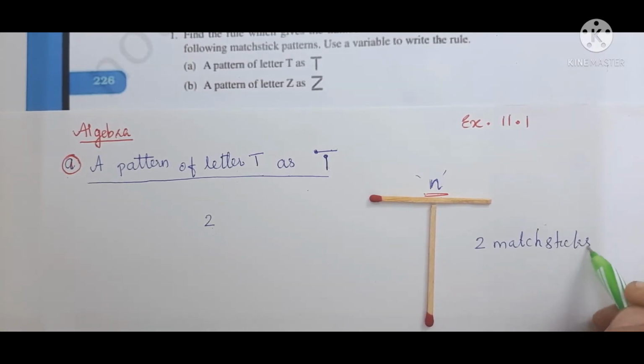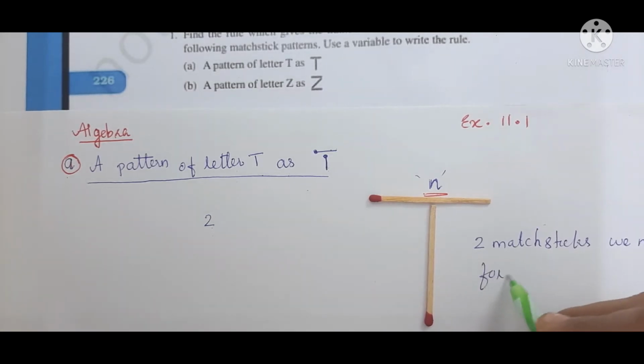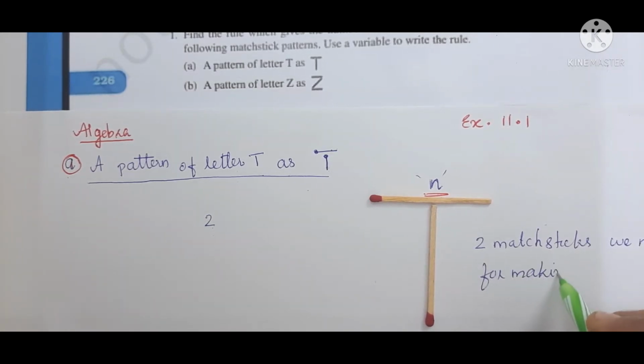So two matchsticks we need for making one T. Okay, so like this we have to make 2 T's. So how many matchsticks we need? 2 into 2, that is 4 matchsticks we need.